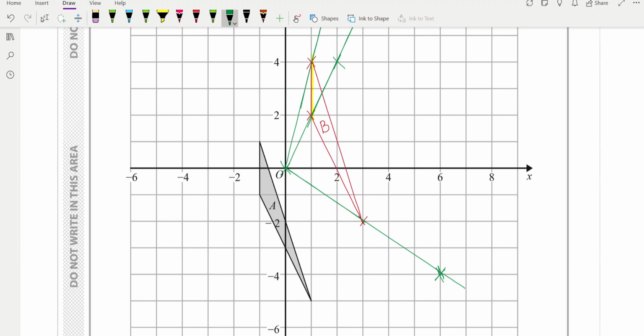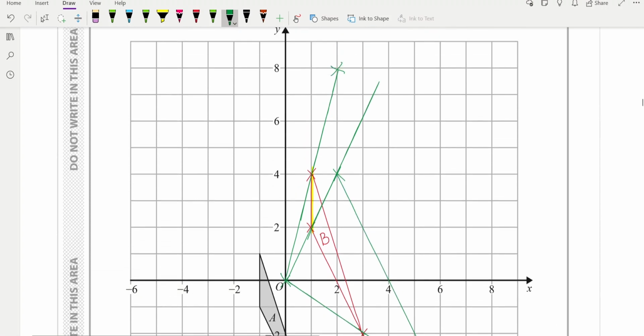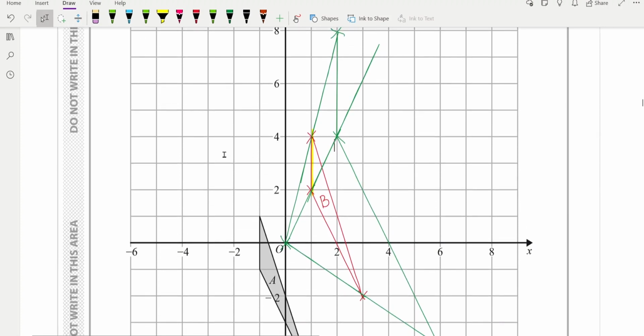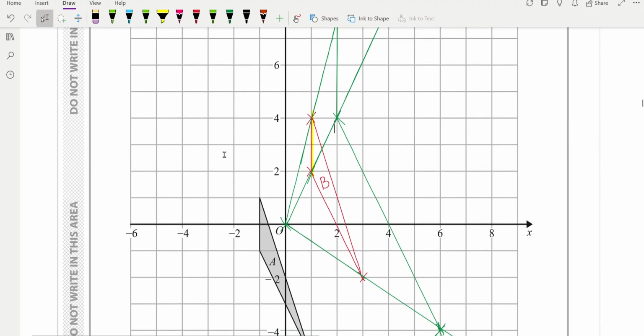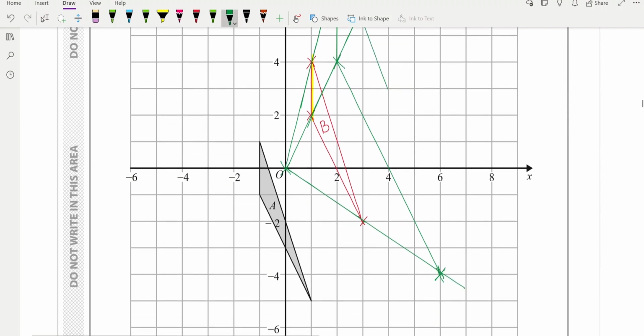So we got the points. Now I will be joining the points. This one will be the enlarged triangle. This is a little bigger, so I will try to draw half and then join this one.